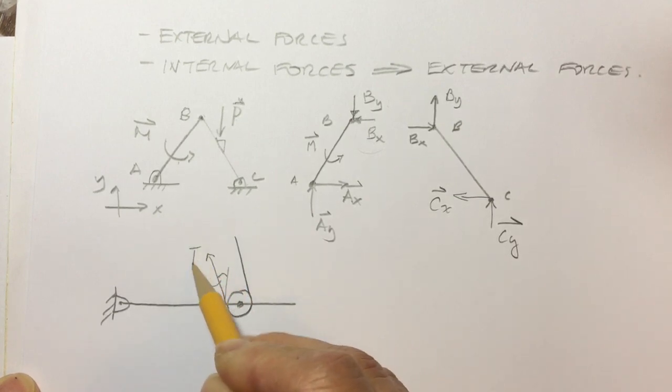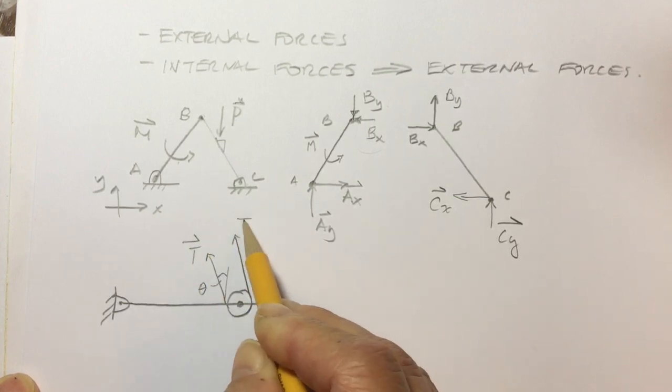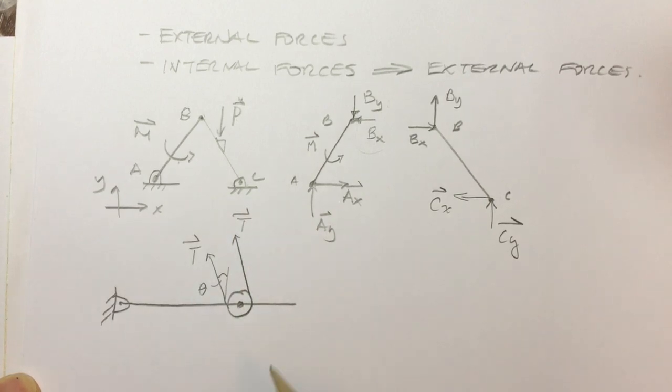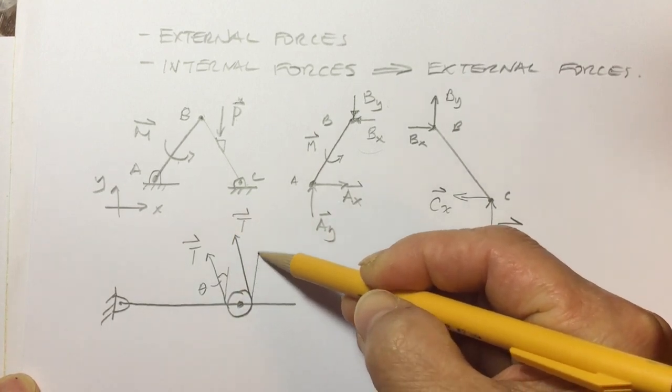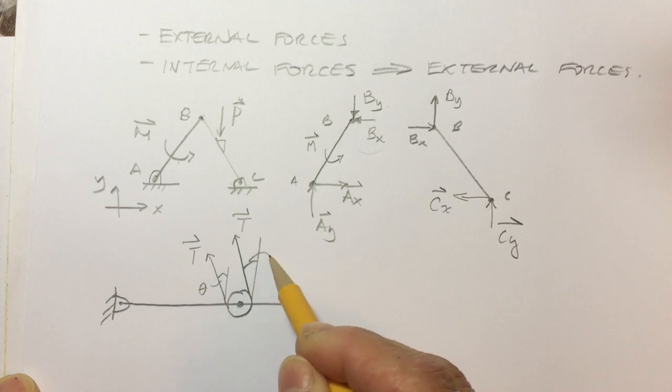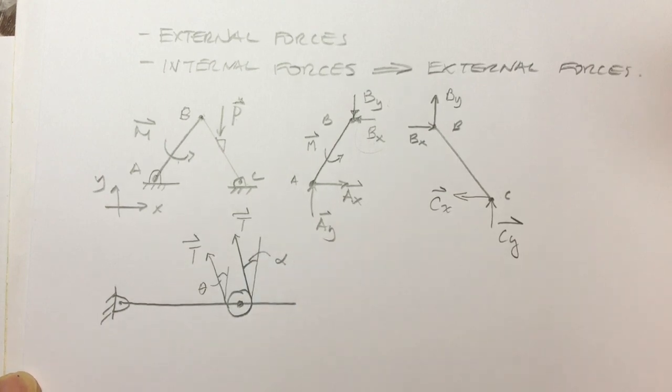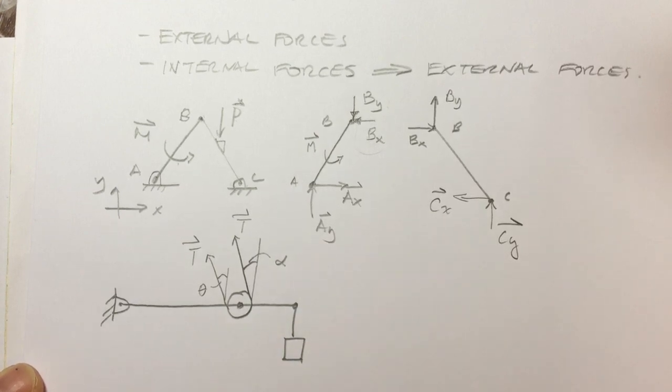So I will have this tension T, I will have this tension T, and it also gives us this angle, let's call this alpha. And at the very end, there's a weight that's attached to it.